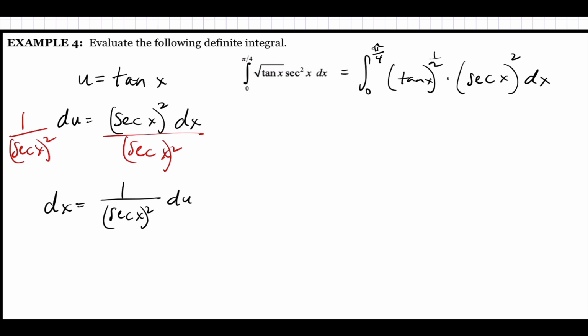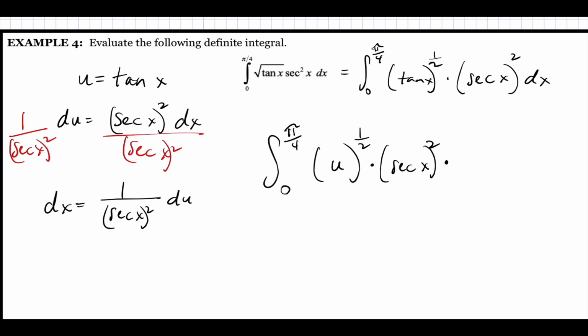Okay, so now I'm going to plug in everything. So I know tangent is u. So when I plug in tangent, that's going to be u to the 1/2 power. Secant of x stays. And then I plug in my dx, which is 1 over secant of x squared du.